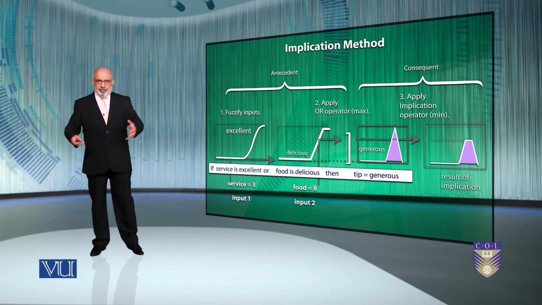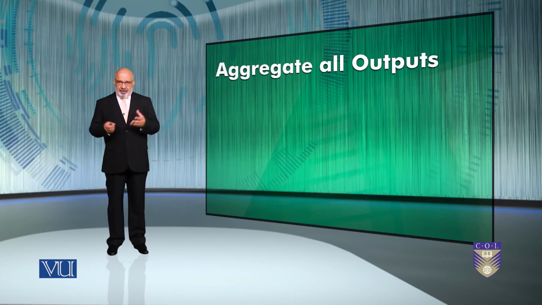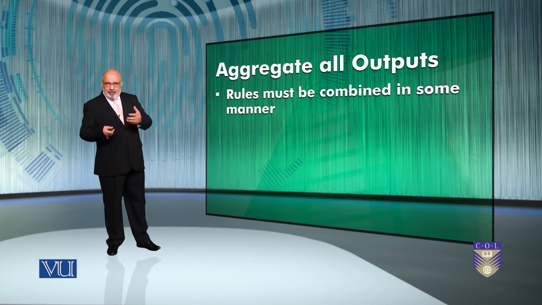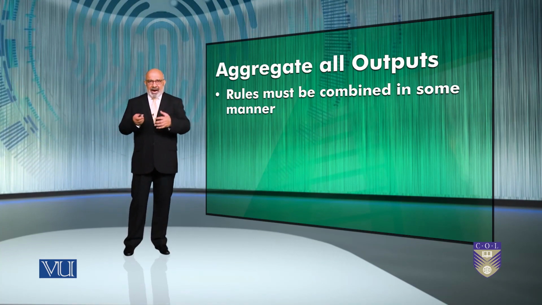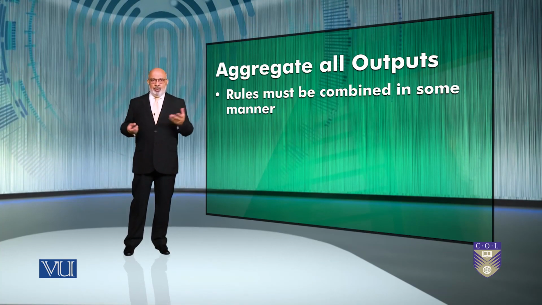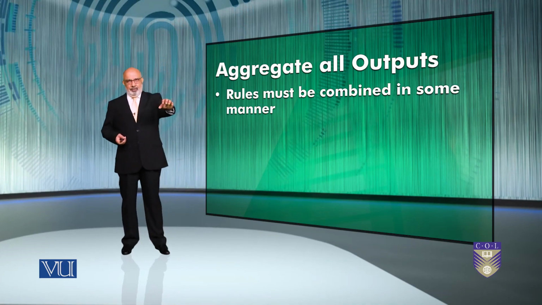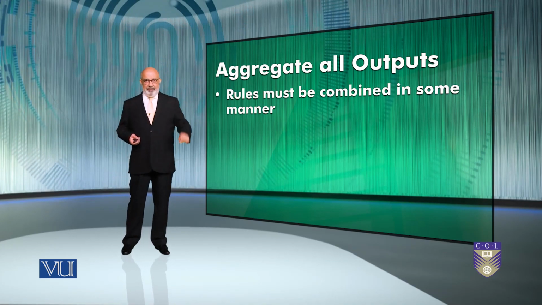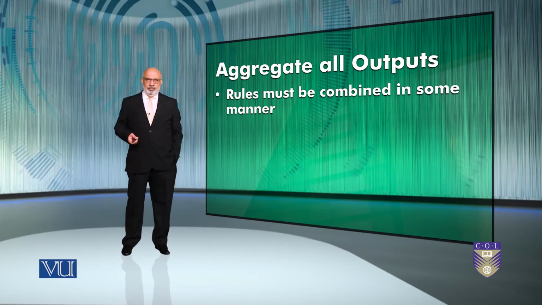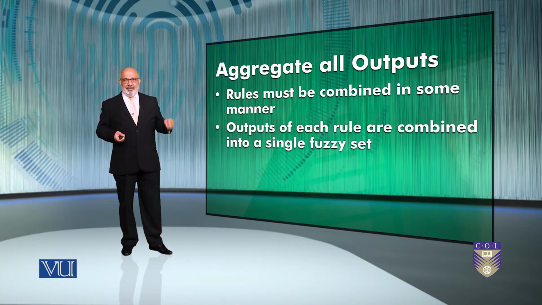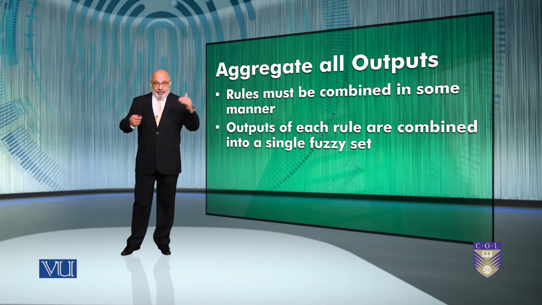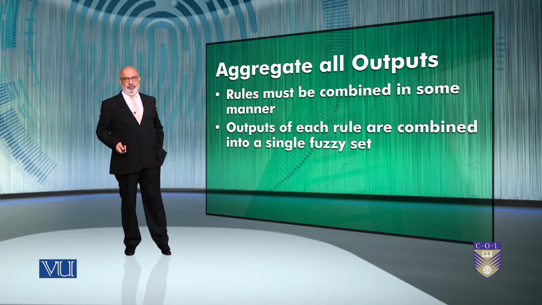Now we aggregate all outputs. Since decisions are based on the testing of all the rules in a fuzzy inference system, the rules have to be combined in some manner to decide what to do, and that's what aggregation is. Remember that summation part I showed you earlier on? Aggregation is a process by which the fuzzy sets that represent the outputs of each rule are combined into a single fuzzy set.